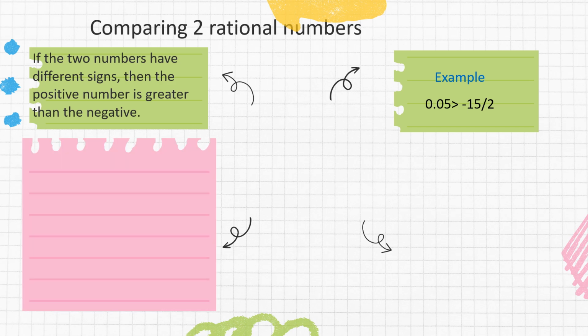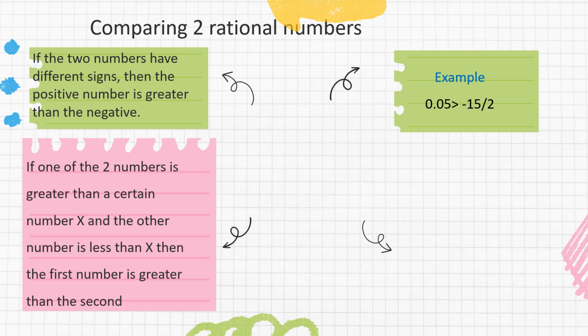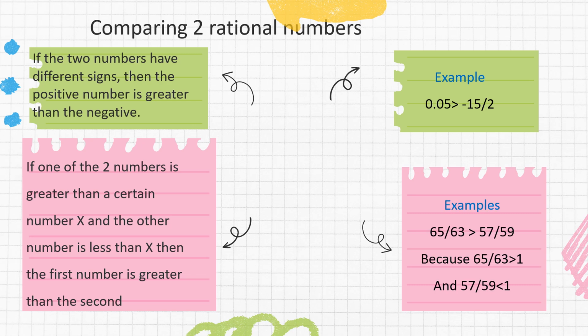The next one: if one of the two numbers is greater than a certain number x and the other number is less than the first number x, then the first number is greater than the second number. For example, the fraction 65 over 63 is greater than 57 over 59.